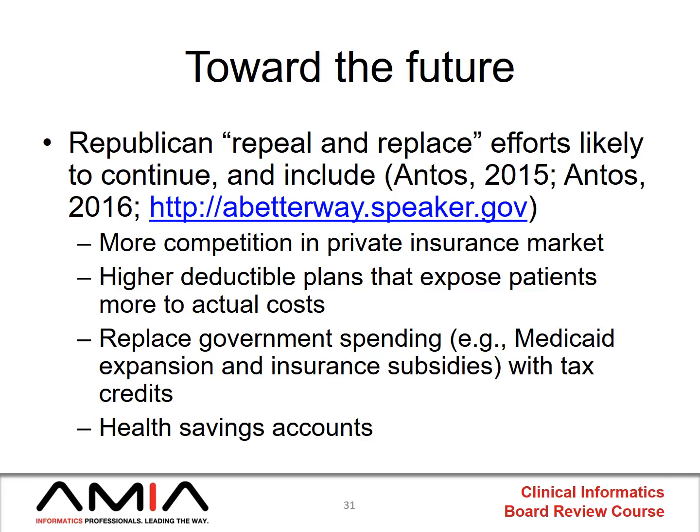There will likely be replacement of government spending with things like tax credits, and also the use of health savings accounts, which enable individuals to save tax-free and then spend that money on health-related expenses.